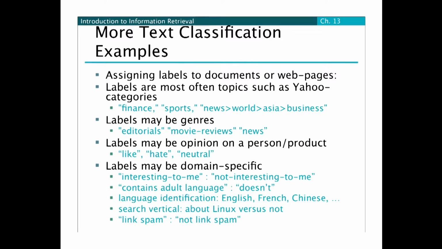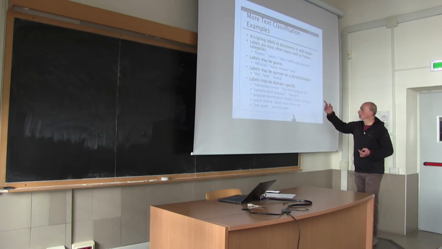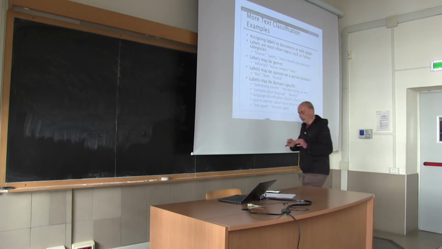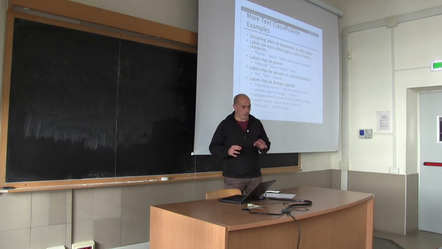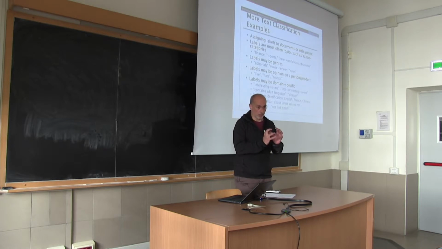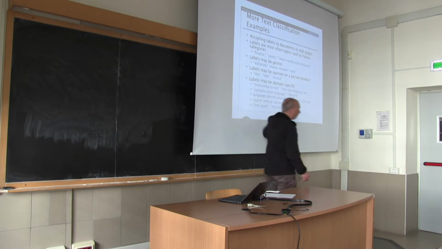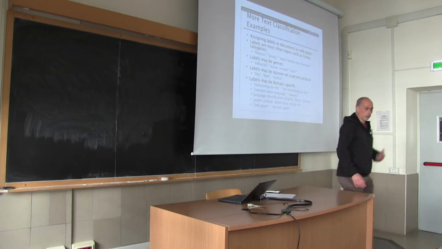Before we move forward, I would just like you to appreciate the very large way in which you can think of labels. A label can just be something describing a topic, finance, sports, and so on, or it can be something describing specific characteristics of a specific class of objects, like movies, or even something describing the attitude of people toward a topic.